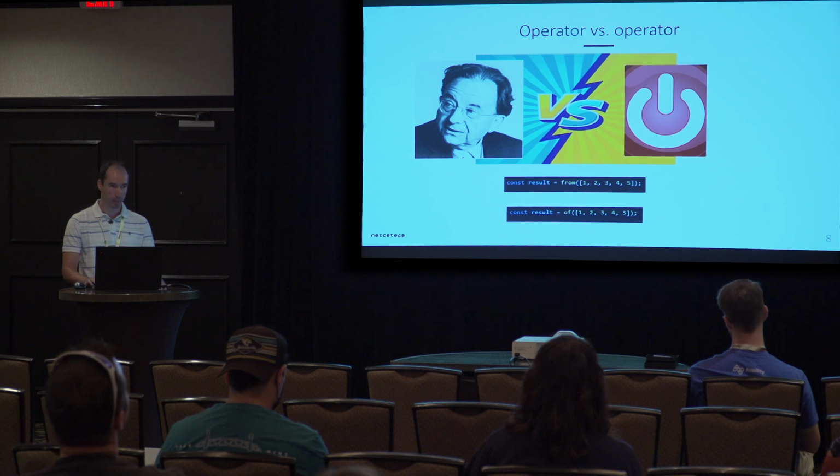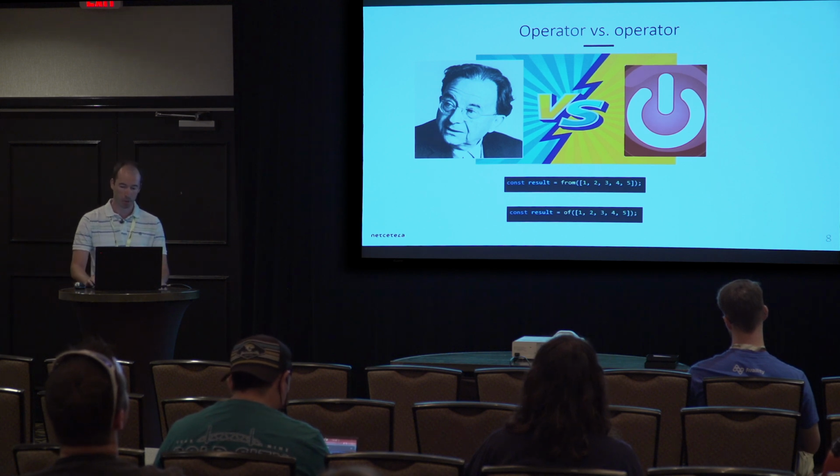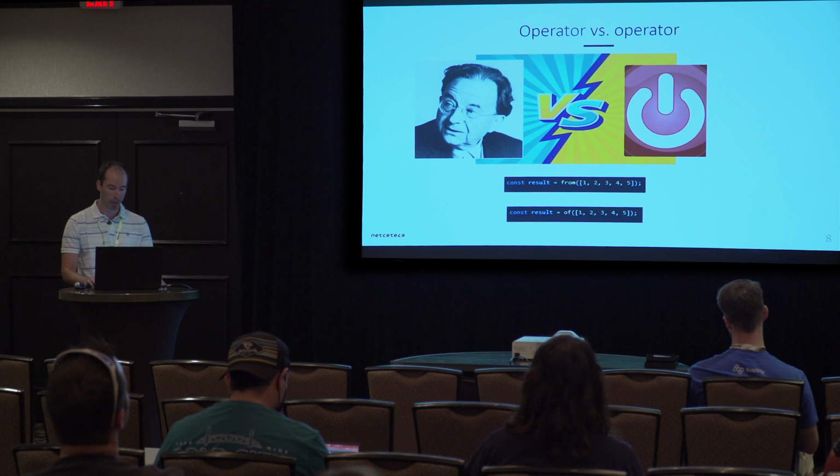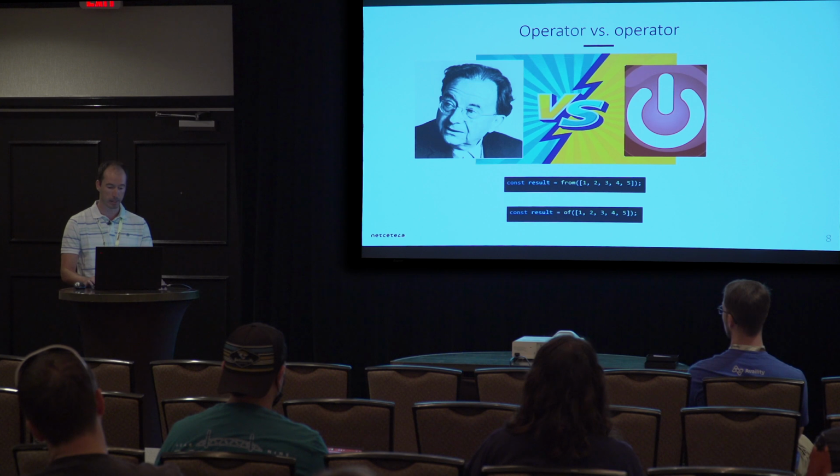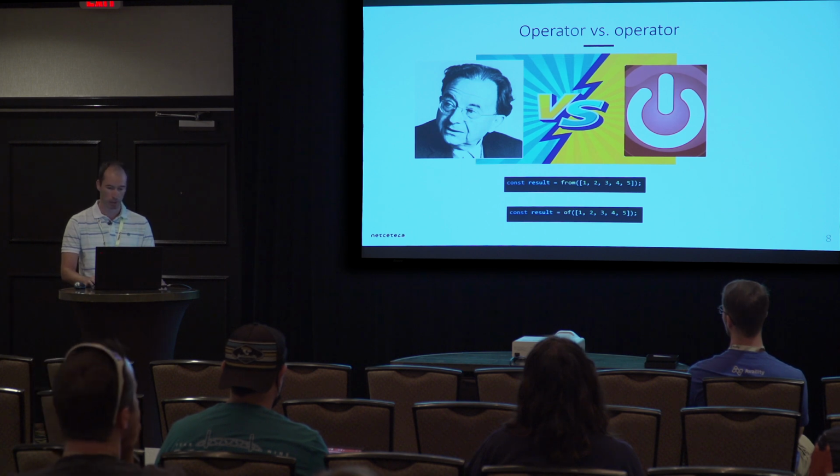The same case with of, but here from would actually emit the values one by one, while of doesn't do any processing. So if we supply an array to it, it will emit it as a whole. Another thing to mention, because I mentioned that from is accepting iterables: if we want to emit an object, we cannot use from, and we need to use of for that one. So this is also an important difference.